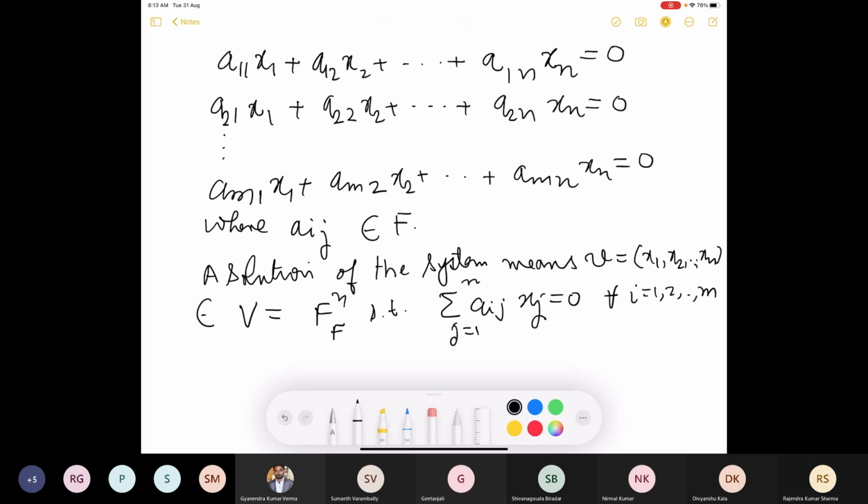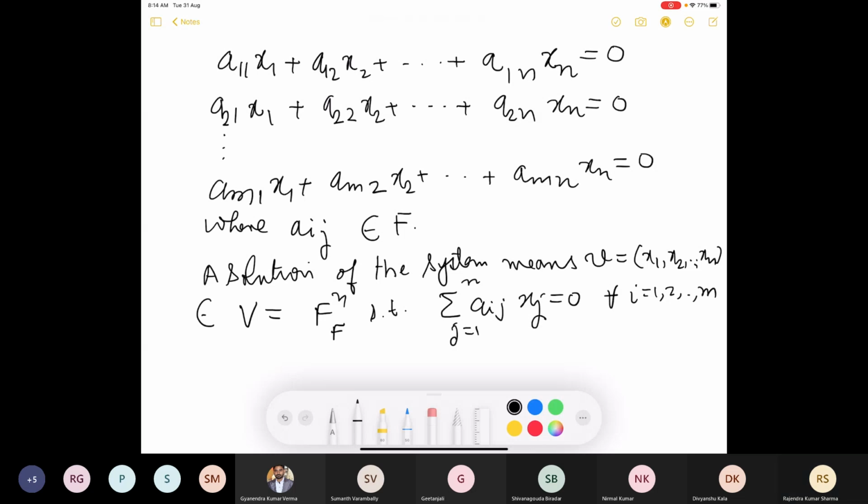We are also interested in knowing linearly independent solutions, because a linear combination of solutions is also a solution, obviously. If v satisfies these equations, w also satisfies them, and v plus w will also satisfy each of these equations, and a scalar multiple alpha v also will satisfy. So a linear combination of solutions is also a solution.